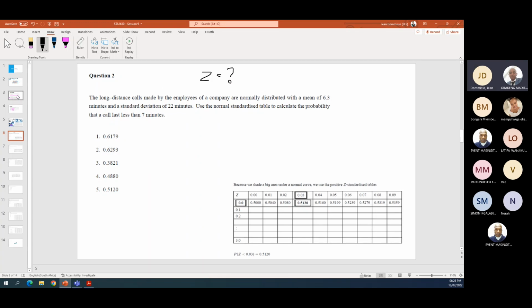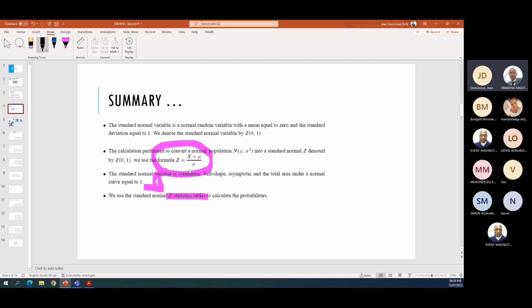So then we calculate it, and again we'll use this formula.